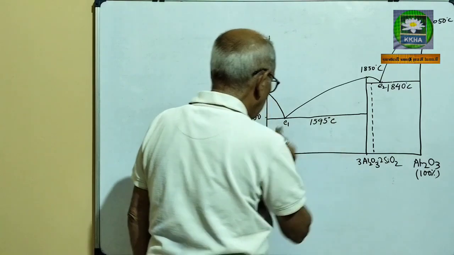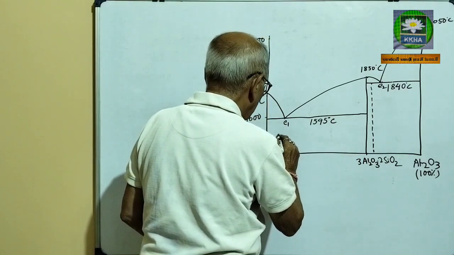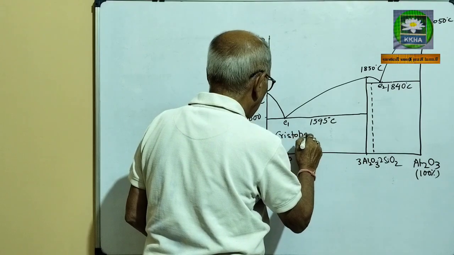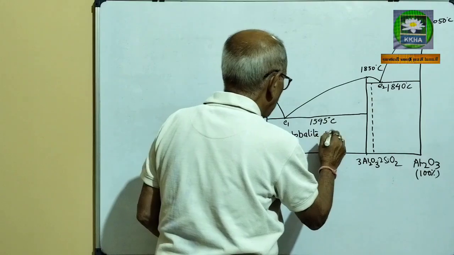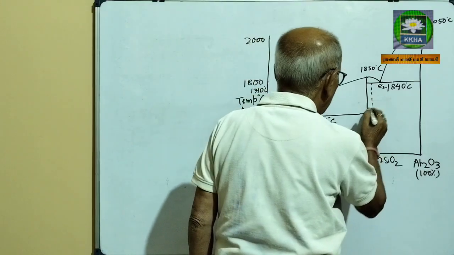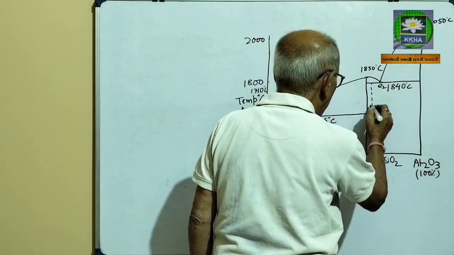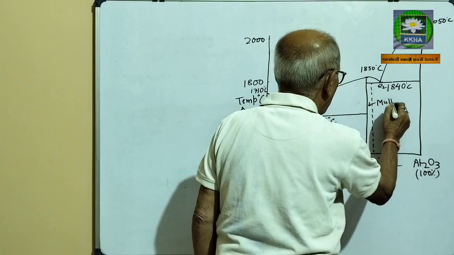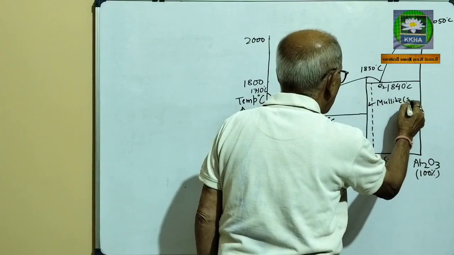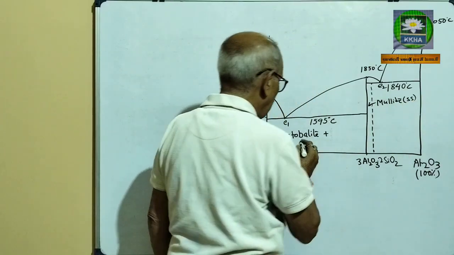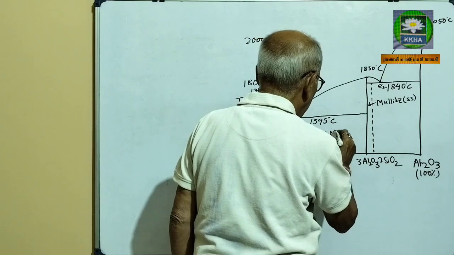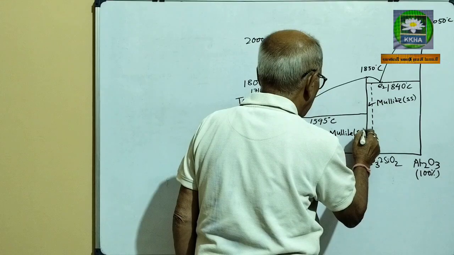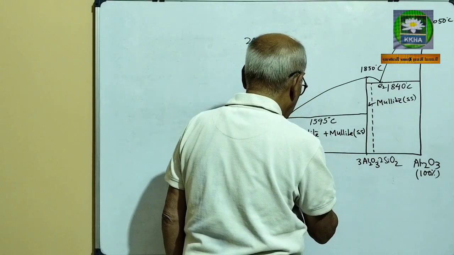So in this region, silica is in the form of cristobalite, plus this is Mullite solid solution. So it will be cristobalite plus Mullite solid solution plus some glass.